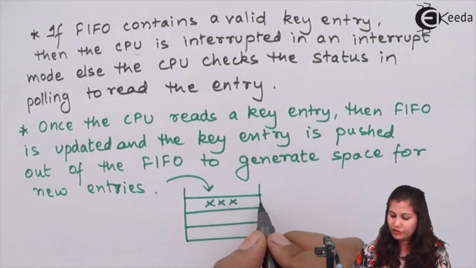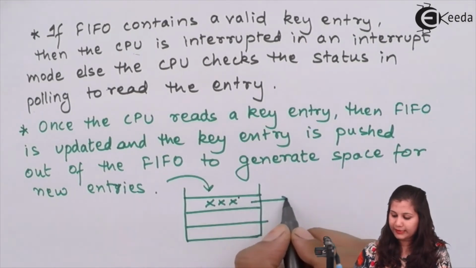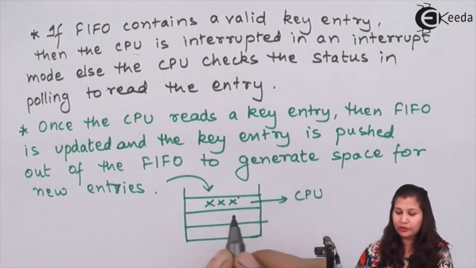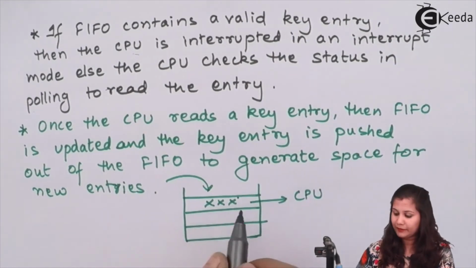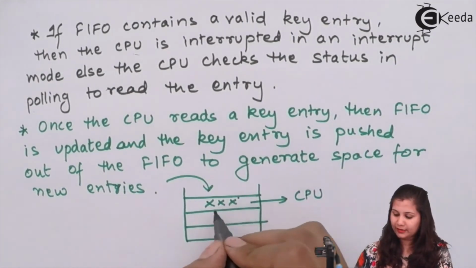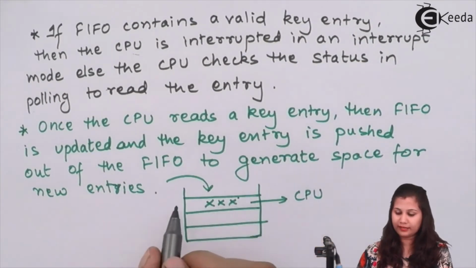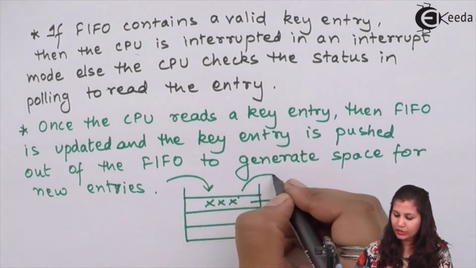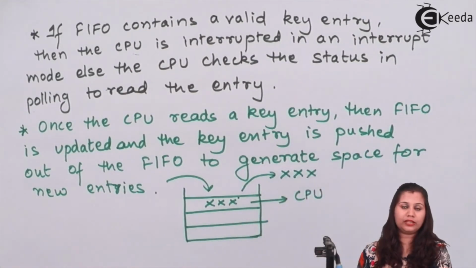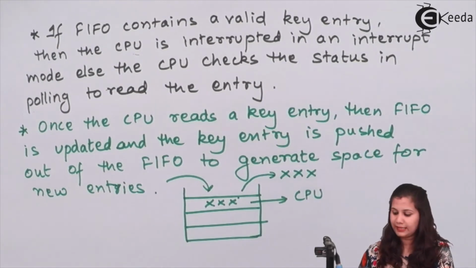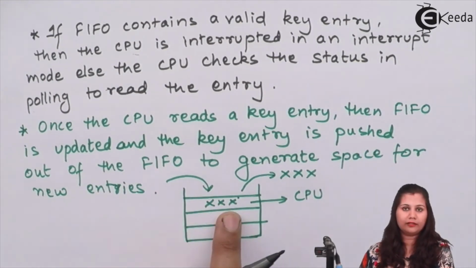Now this information will be read by the CPU, and once the CPU has read it, this entry in the FIFO will be pushed out, so that the new key code entries can be stored in the FIFO.